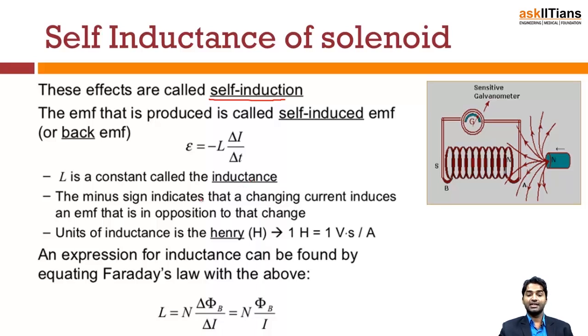Now the minus sign indicates that the changing current induces an EMF that is of opposite tendency. The negative sign is just about the nature of opposition. Now an expression for the induced EMF can be found: E is equal to minus L del I by del t. It can also be equal to the change in flux, that is N into del phi by del t.